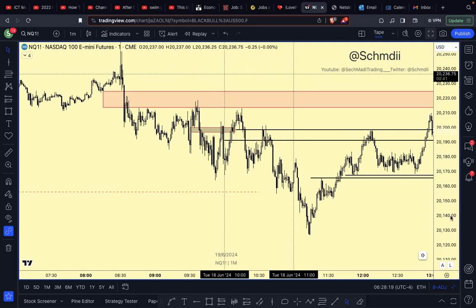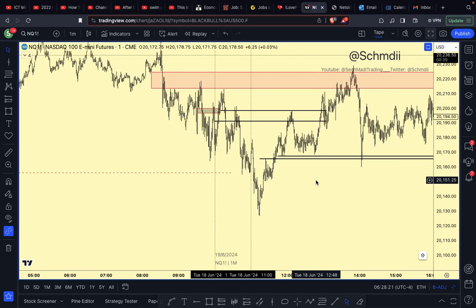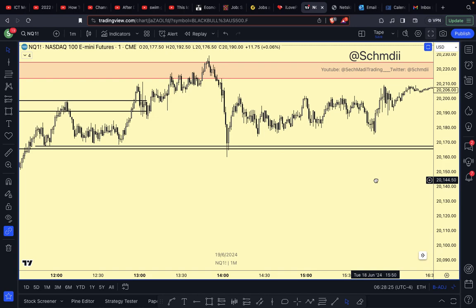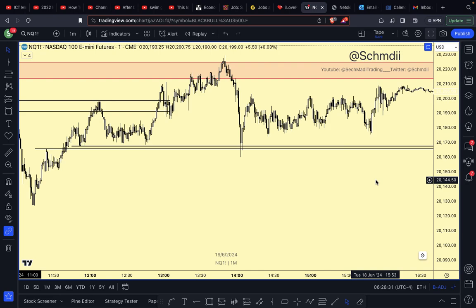As I found that fair value gaps off the 5-minute or 15-minute are much stronger than the M1 fair value gaps. Although the M1 chart in general does show what price is likely to do, it gives me an indication on direction much quicker than the higher time frame charts. But higher time frames are parent.